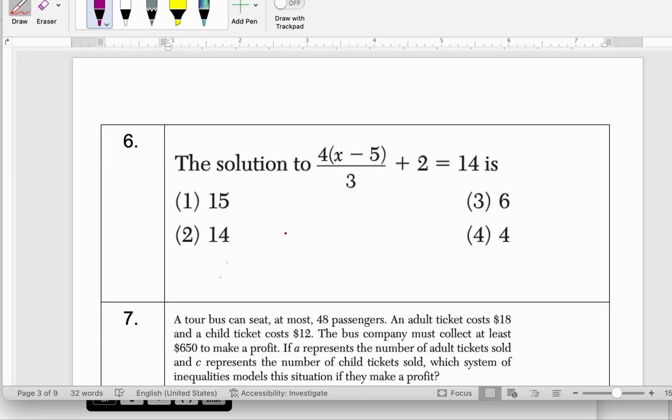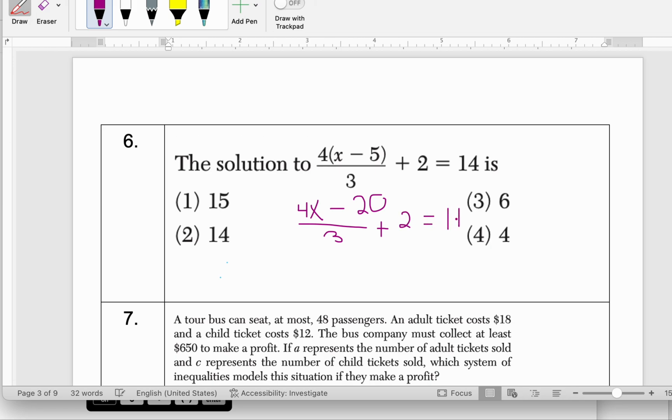So we have 4 times x, which is 4x, minus 20, because we have 4 times negative 5, over 3, plus 2 equals 14.